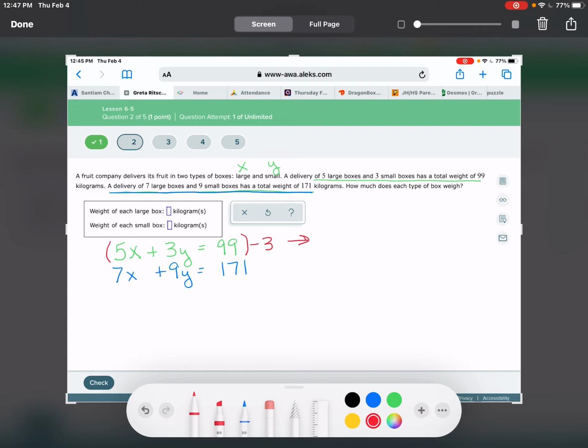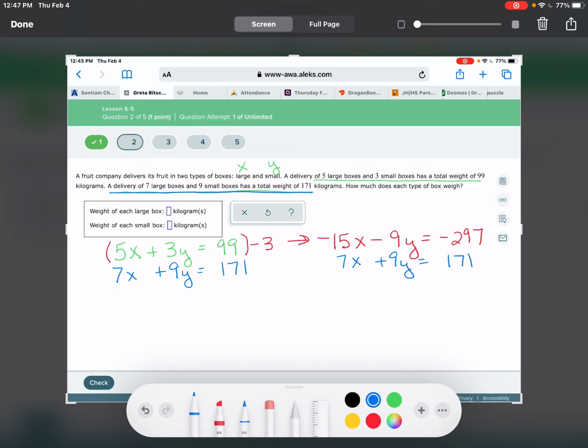So that will give me -15x. -3 times +3 is -9y equals 99 times negative 3. That's the drawback of this version. You sometimes get little bigger numbers. Okay, and then I'm going to keep my other equation exactly the same.